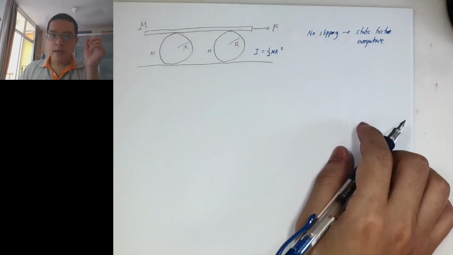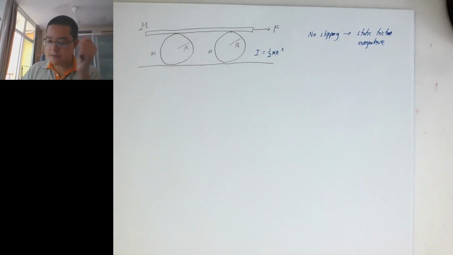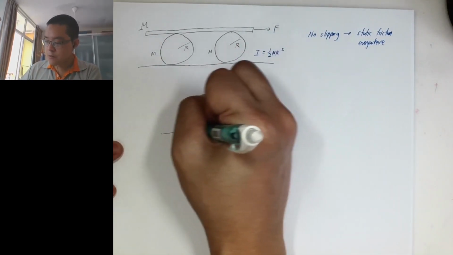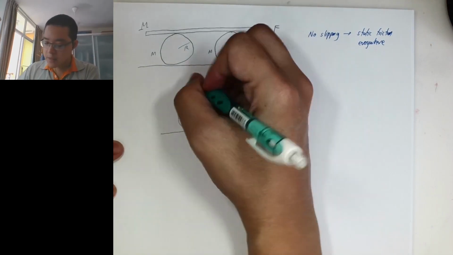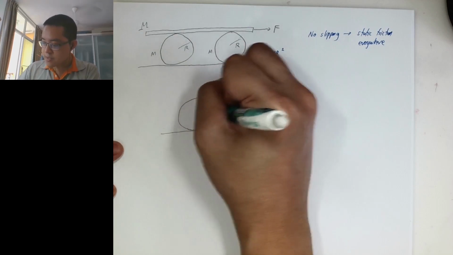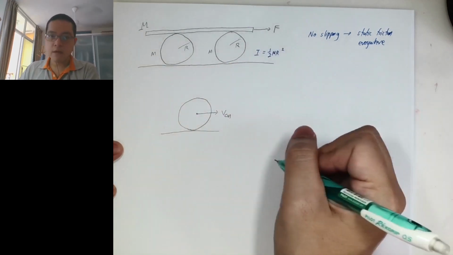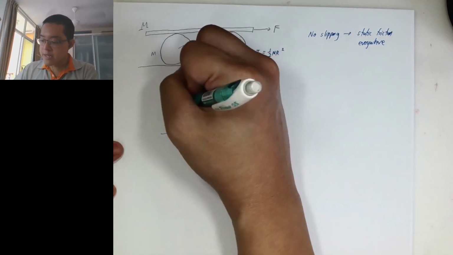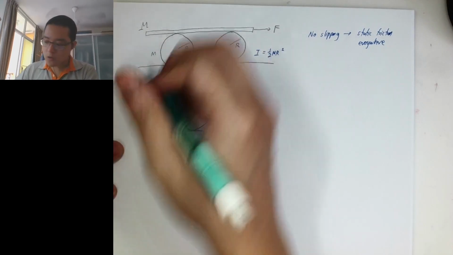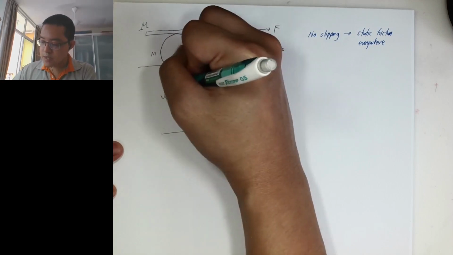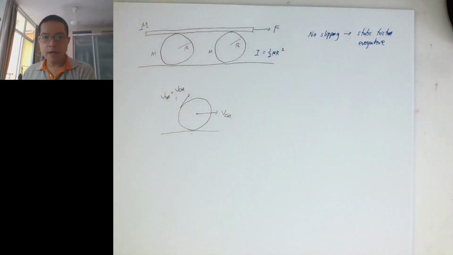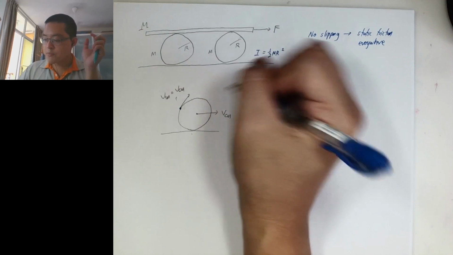Also, because this is no slipping, this is the part that a lot were asking about. What is the acceleration of the plank? Let's say this is the velocity of the center of mass. If this is no slipping, pure rolling, then the v tangential is equal to the v center of mass. That is the tangential point.